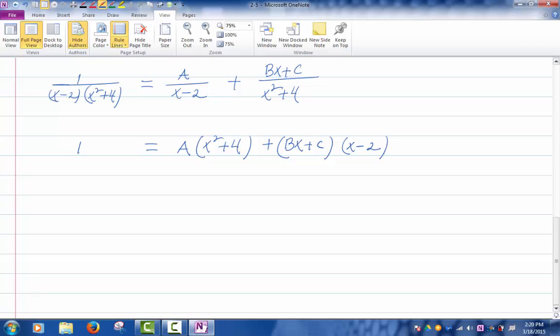solve for a, b, and c. Now, right away, let me first of all do it in a different way. There's this solving for a, b, and c. I need you to know first of all the most general way of solving them.